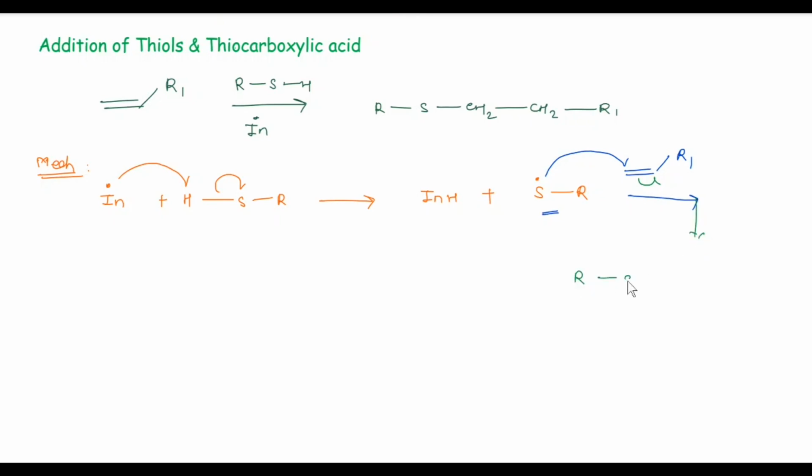Here we get R, sulfur, CH2, CH radical, R1.